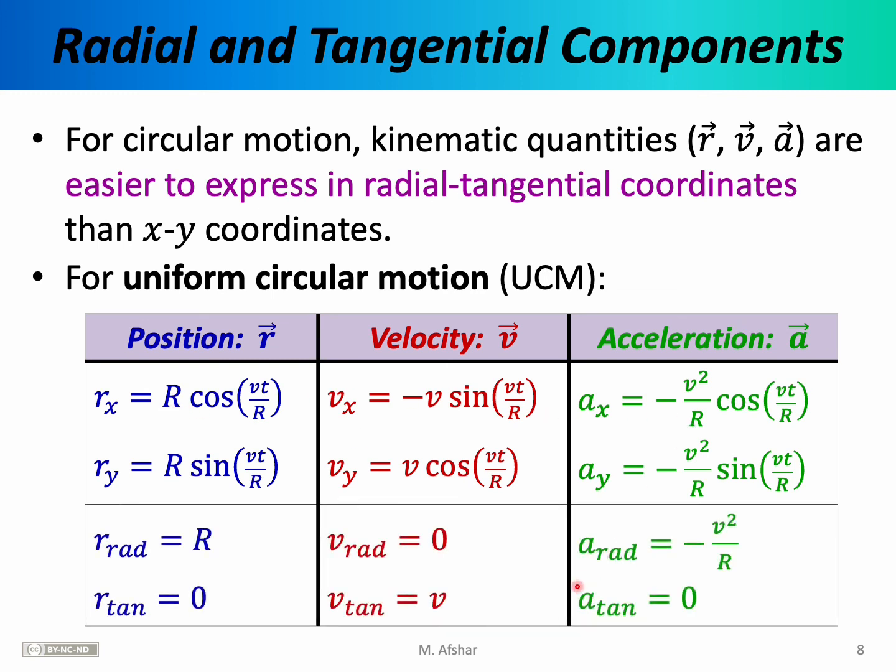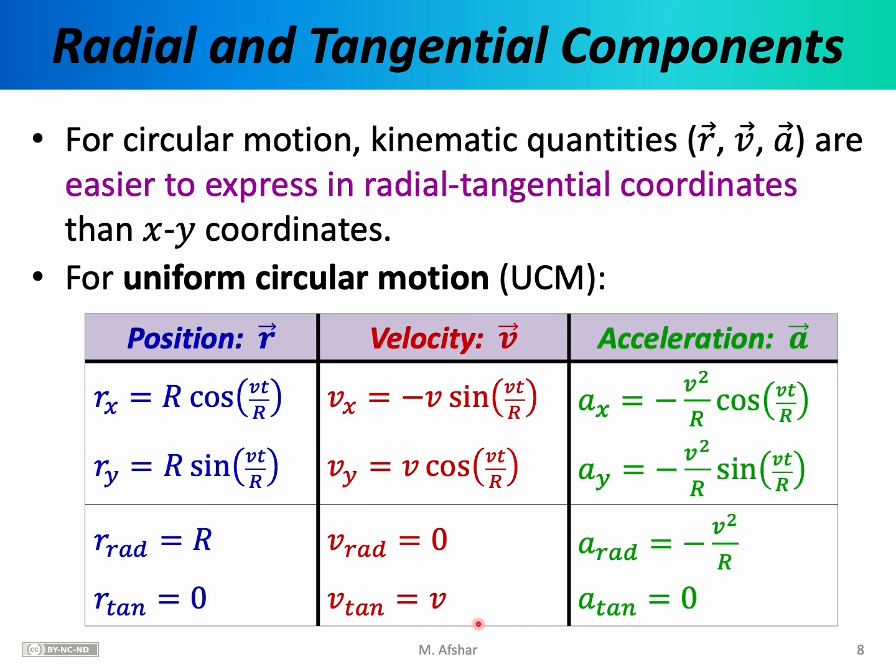However, if we switch to the radial-tangential coordinate system, as shown at the bottom two rows, things suddenly become simplified. The position vector does not have a tangential component. It points strictly in the radial direction, and it always has a magnitude of r. The velocity vector does not have a radial component.